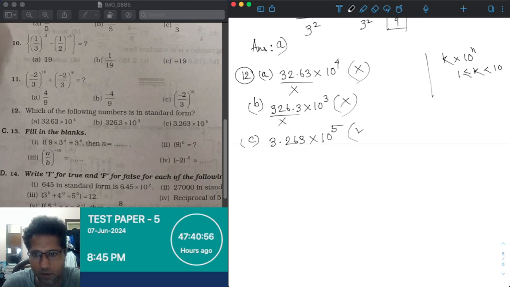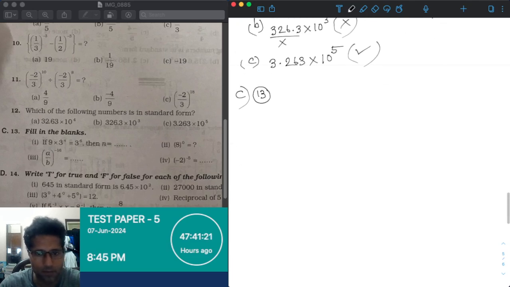This is absolutely right because over here k is 3.2, which is greater than or equal to 1 and less than 10. So okay, A and B are not in standard form but C is in standard form. Okay. Section C, question number 13. Fill in the blanks.